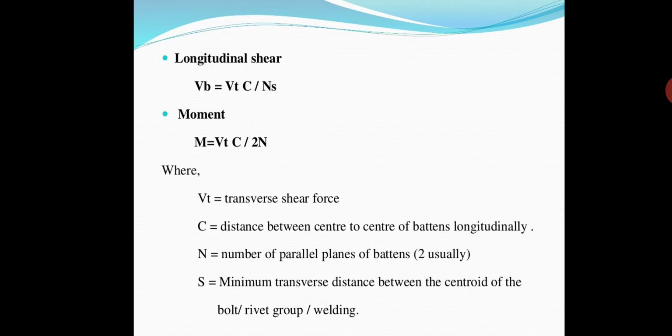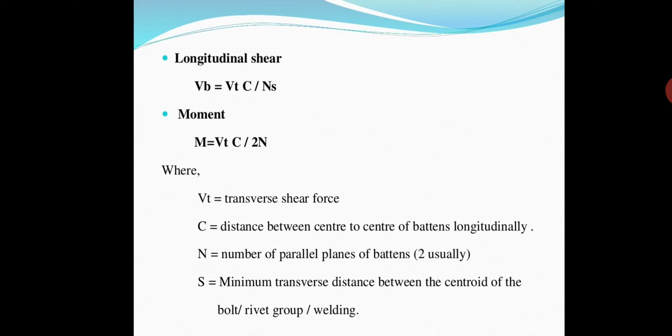How are they calculated? The longitudinal shear VB is equal to Vt into C divided by N S, and the moment, denoted by M, is calculated as Vt into C divided by 2N. Vt is the transverse shear force, and C is the distance between center to center of battens longitudinally.